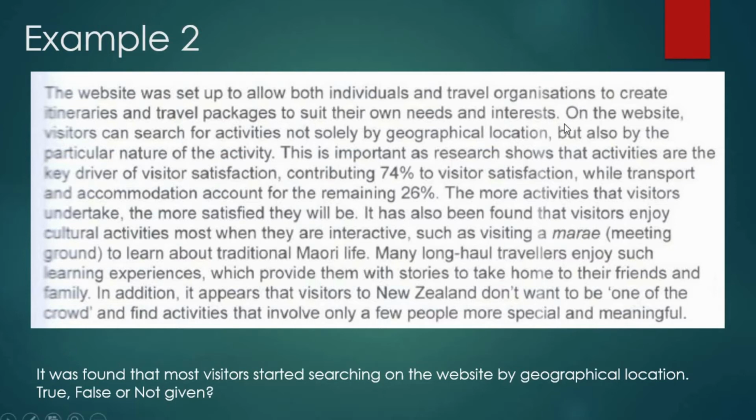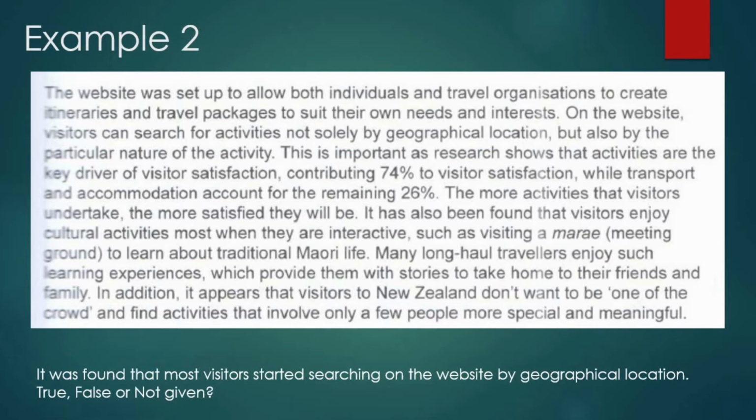Here it is, you can read it. On the website, visitors can search for activities not solely by geographical location. I hope you got my point. This is a kind of trap question. I always tell you that don't just make a choice if you see similar words. The correct answer is not given.